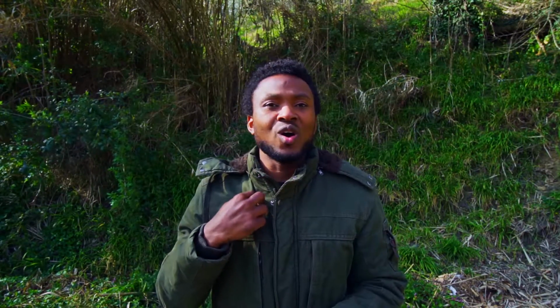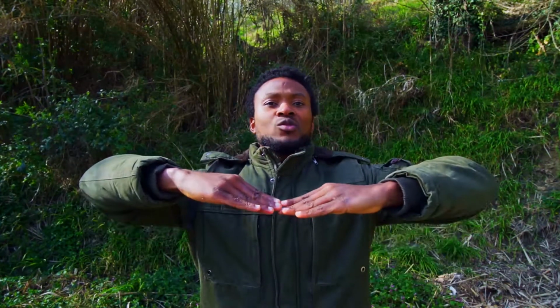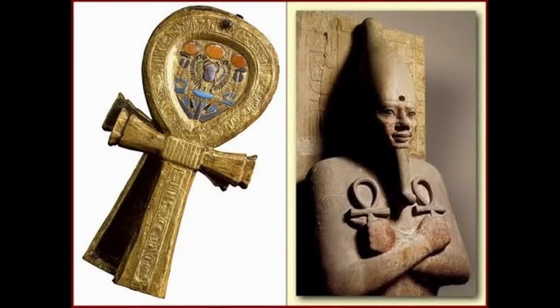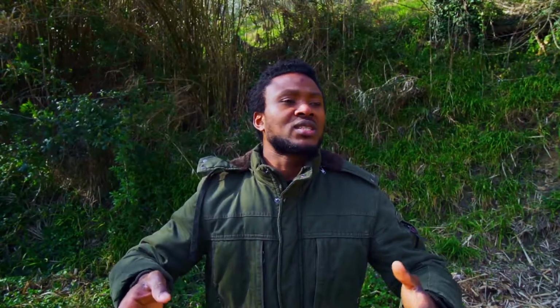That symbol of life, just like the symbol of the cross, has those two arms, those two shoulders. Then the round circle on top of it represents the womb of a woman.